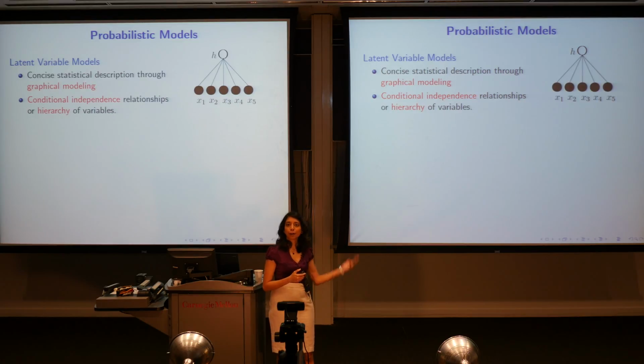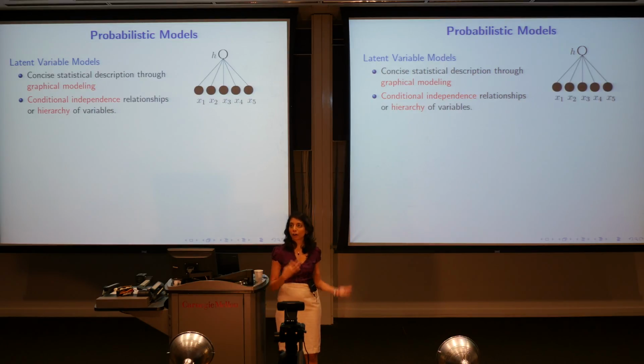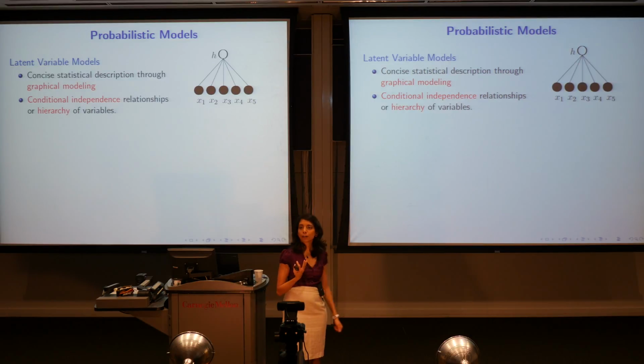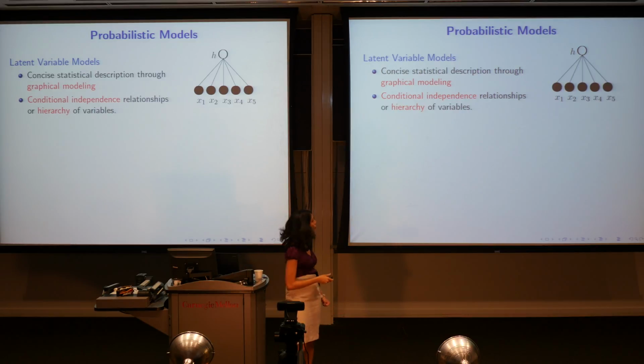One class of models we looked at yesterday was the so-called multiview models. I call it multiview because you have a hidden variable, and then you have multiple views of the hidden state. This is also the naive Bayes model, depending on which literature you look at.